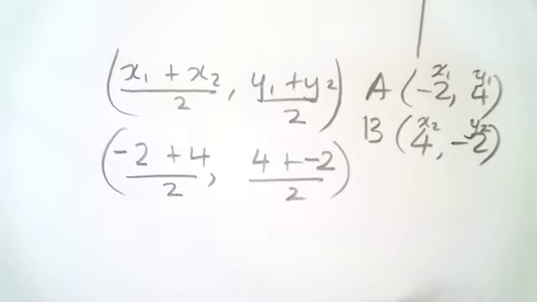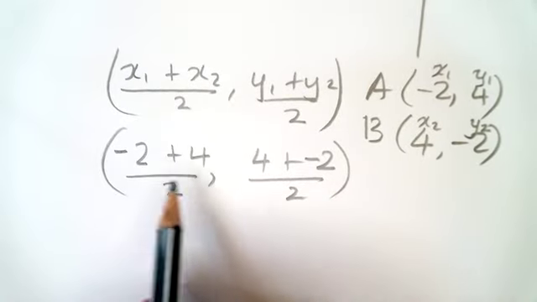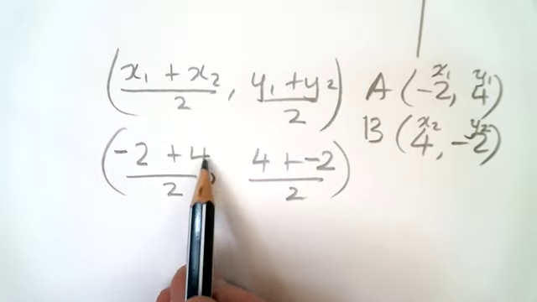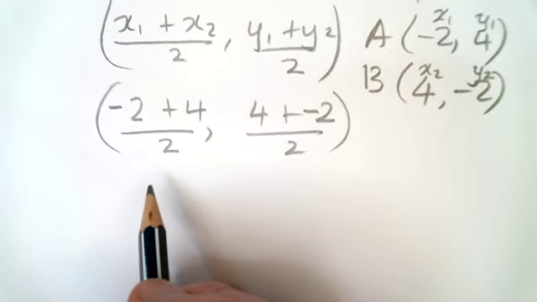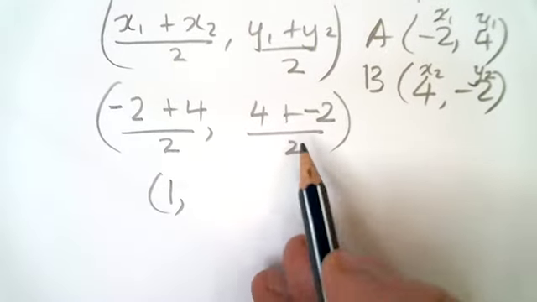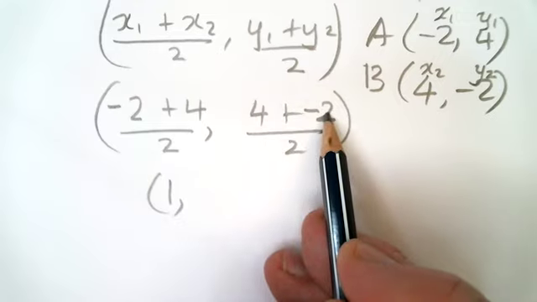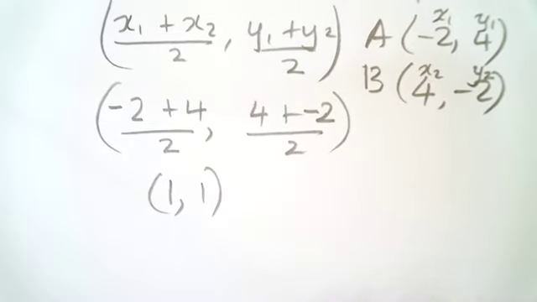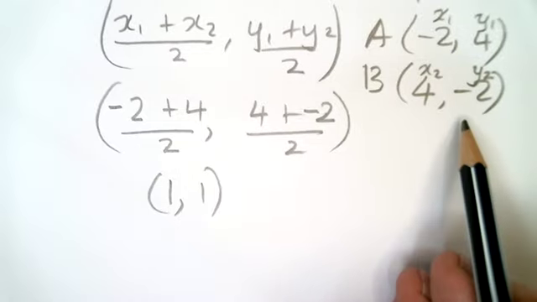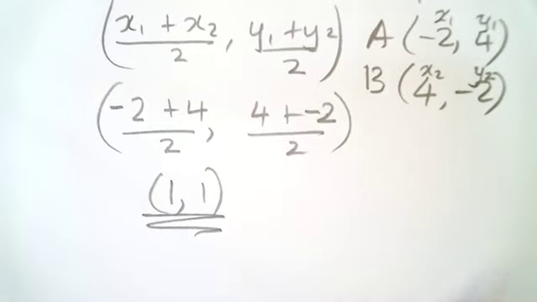Negative 2 and 4 is 2. 2 divided by 2 is 1. So it's going to be 1, comma, well, 4 minus 2 is 2, 2 divided by 2 is 1. So this should add up to a point which is 1, comma 1.